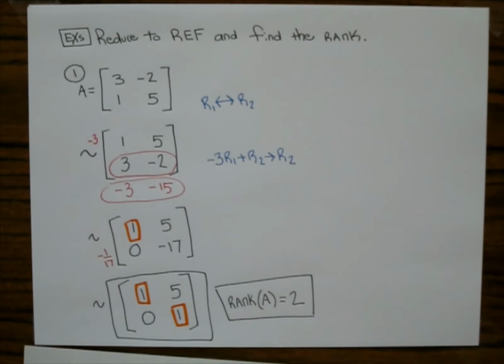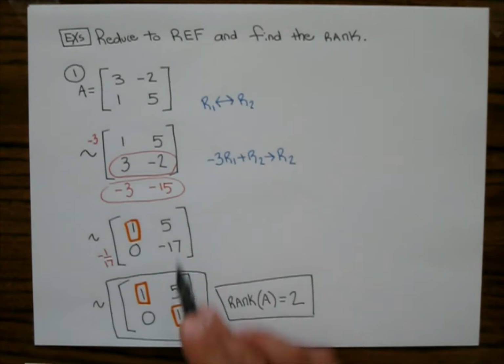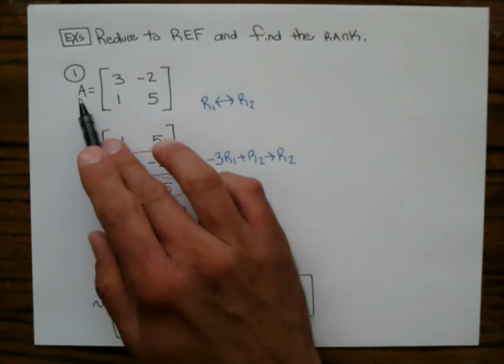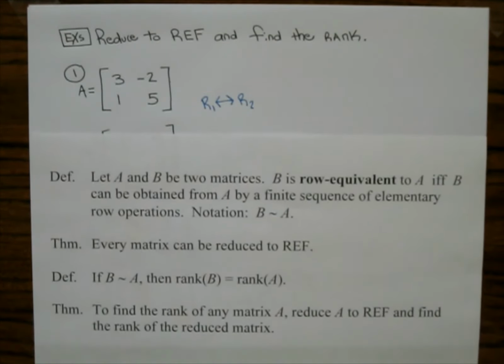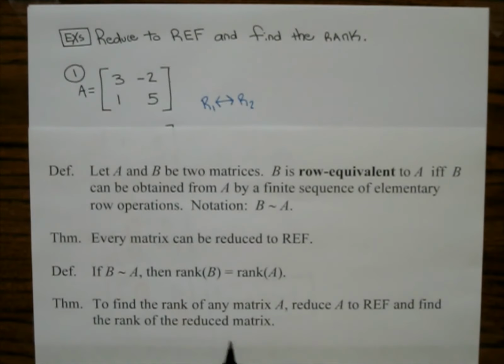So we reduced it and said the rank of that is 2, so the rank of A is also 2. Remember, you don't have to memorize these definitions and theorems word for word. They will help as you do your homework. And I know it's overwhelming to have 20 pages of theorems and definitions in linear algebra, but linear algebra does have a lot of that stuff.